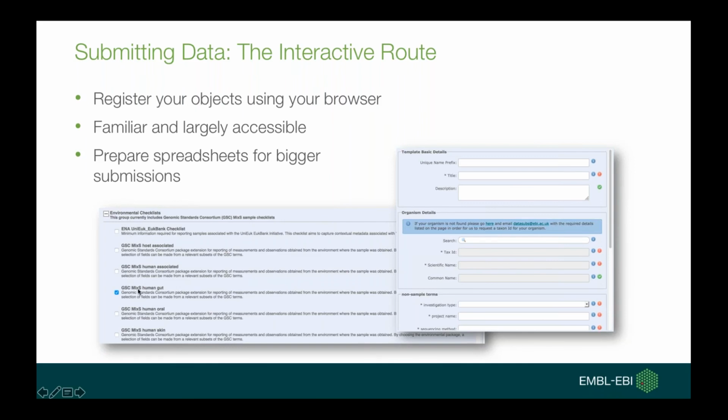You could, for example, select the human gut checklist, and this would suggest that you had sampled human gut metagenomes. When you select one, a specific set of boxes appear that describe a human gut, and there are different requirements and different directions on what you should submit. But that's the interactive route. It's quite familiar to most people.